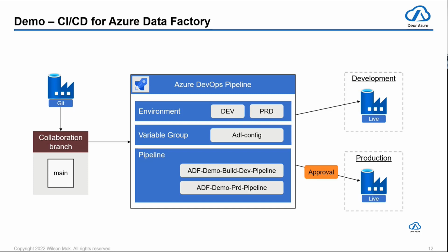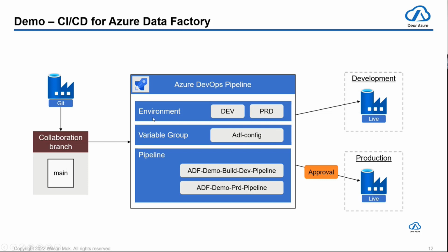Okay, so here is a view of what we want to do in the demo. Again, we have the development Git mode enabled, where all the code has already been saved in the collaboration branch, the main branch.